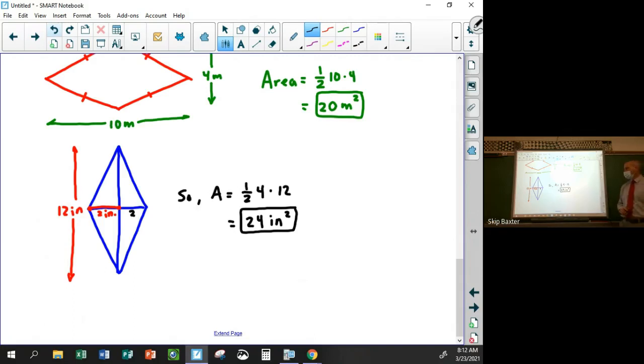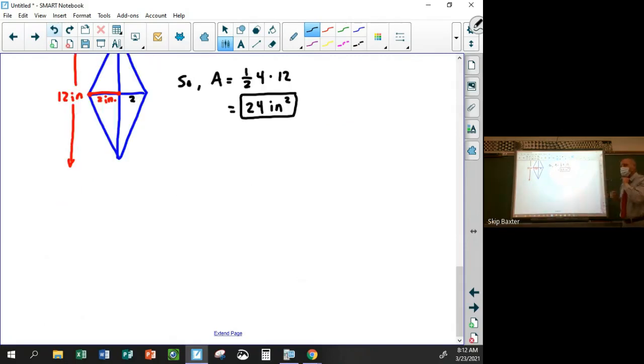Okay. So you can imagine another thing they might do is require you to use the right triangleness of the little triangles, okay?